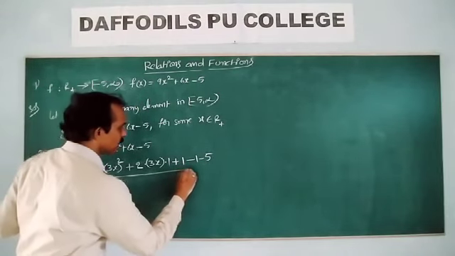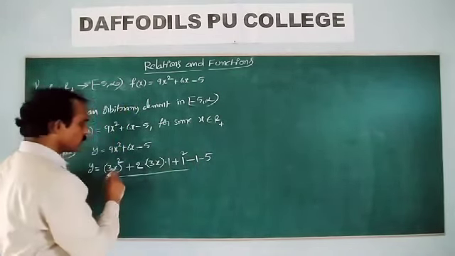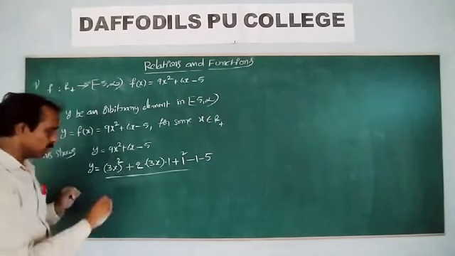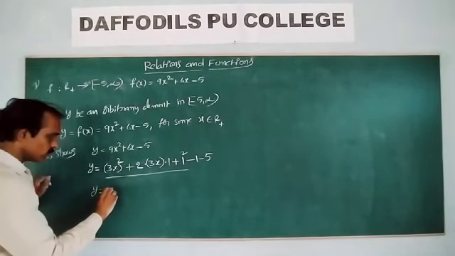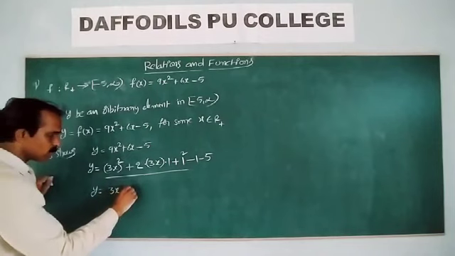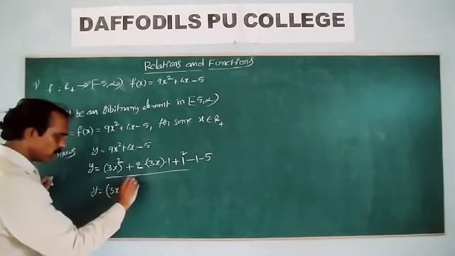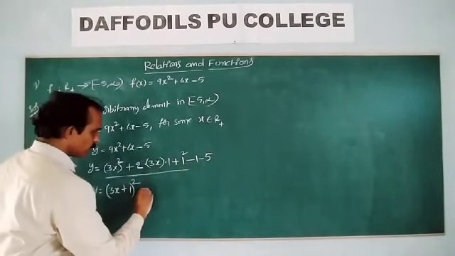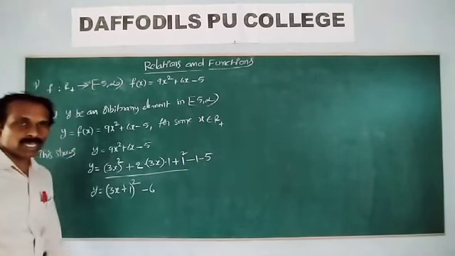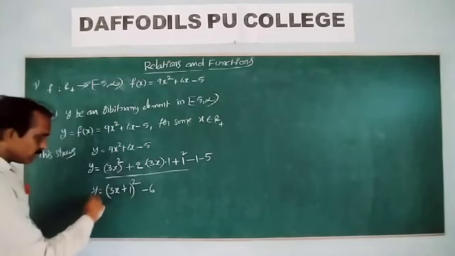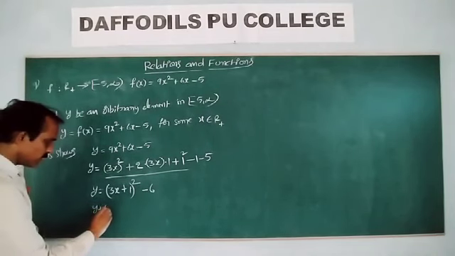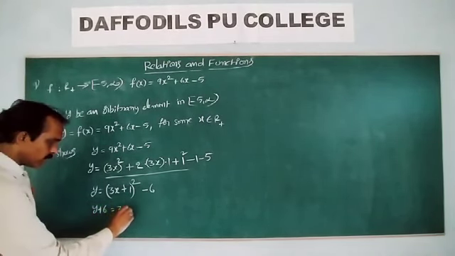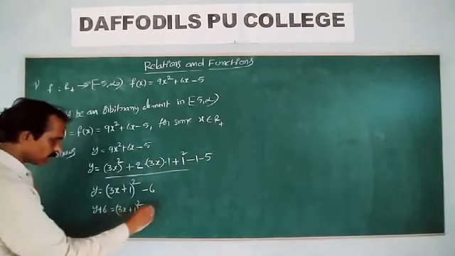So this can be written as a square plus 2ab plus b square, so y is equal to a plus b whole square minus 1 minus 5, minus 6. Taking 6 across, y plus 6 is equal to 3x plus 1 whole square.